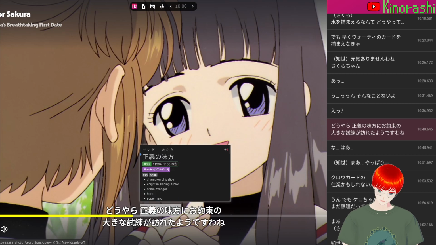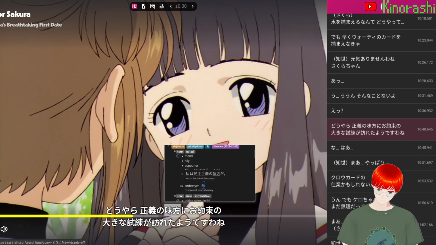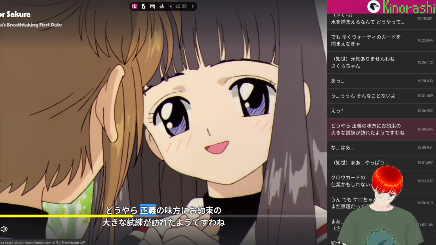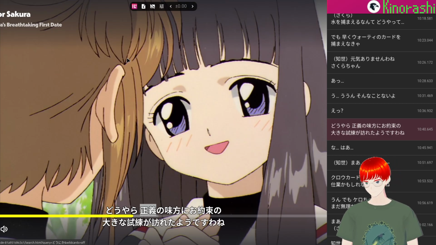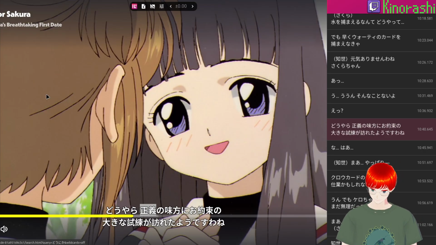If I remember correctly, this word is just mikata, friend, ally, supporter, and then seigi, justice, right, righteousness.